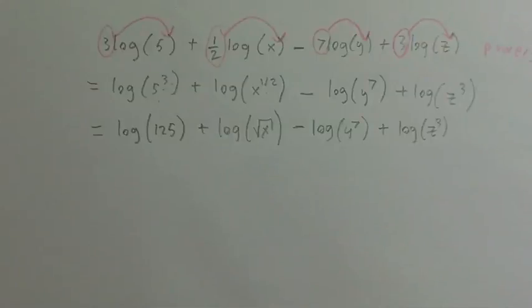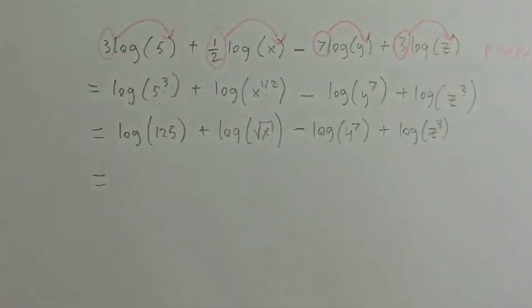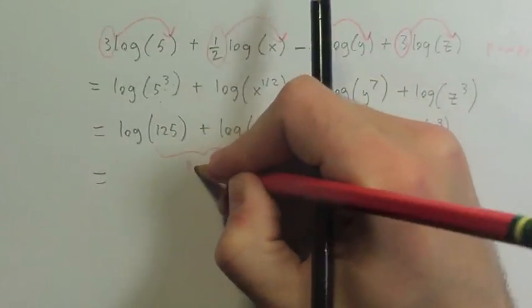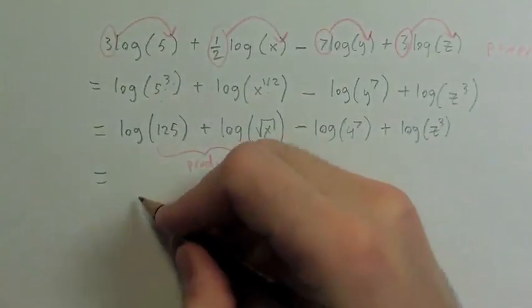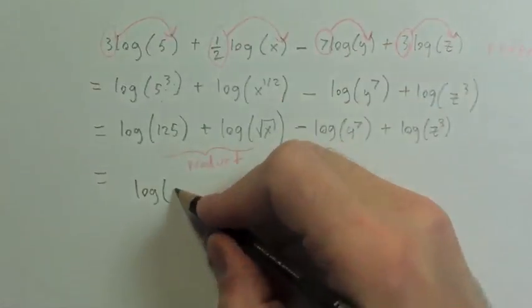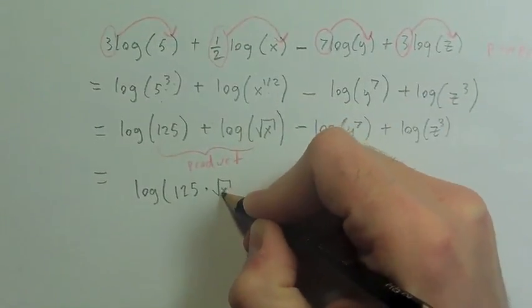There are a lot of ways to proceed from this point. One of the best ways, I think, is just start going from left to right. Start here and say, oh, since I have a plus, this is a product property. So this will join into log of this one times this one. So it'll be log of 125 times the square root of x.